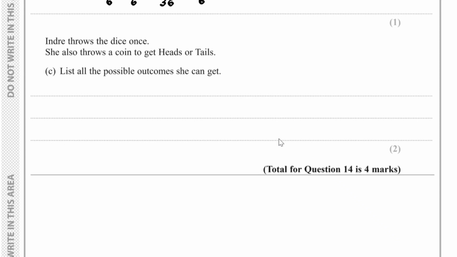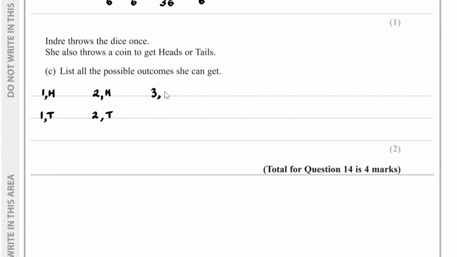Then for part C, Indri throws the dice once. She also throws a coin to get heads or tails. We have to list all the possible outcomes. Well, we could get 1 and a head, or 1 and a tail. We could get 2 and a head, or 2 and a tail.